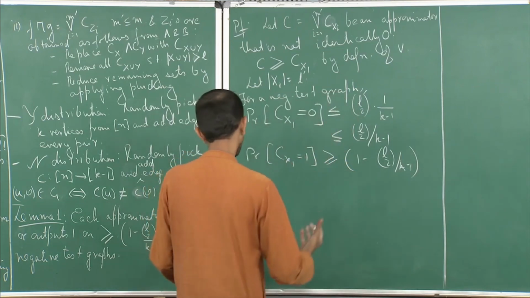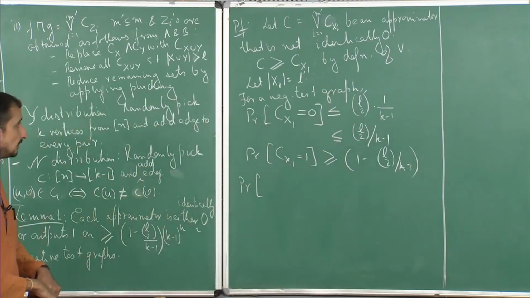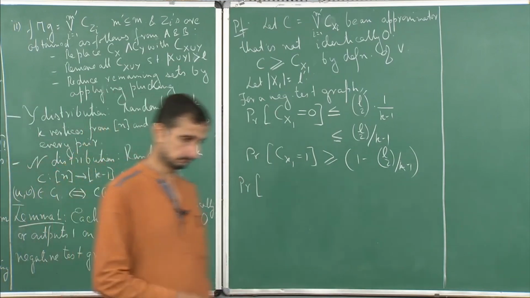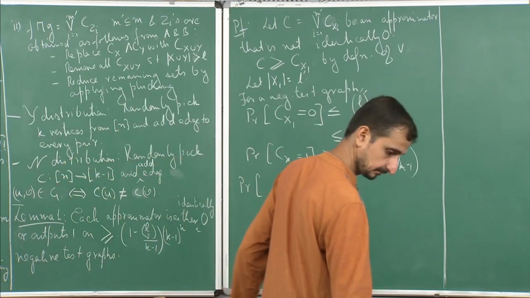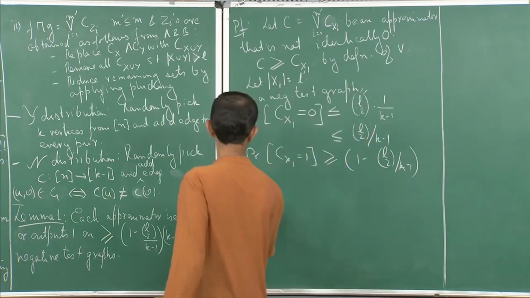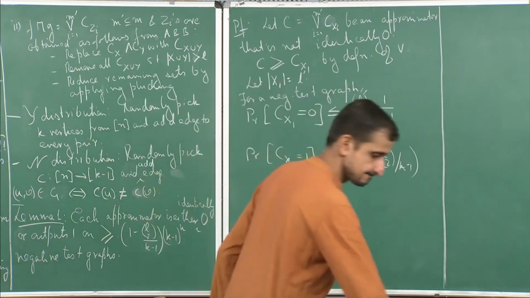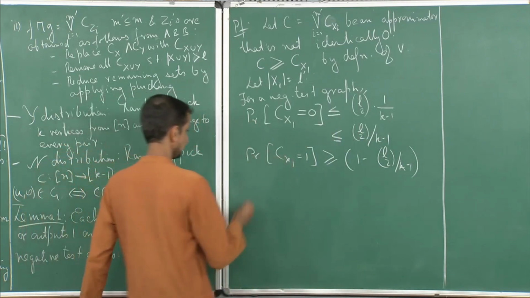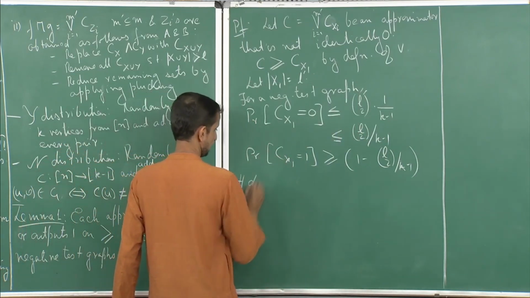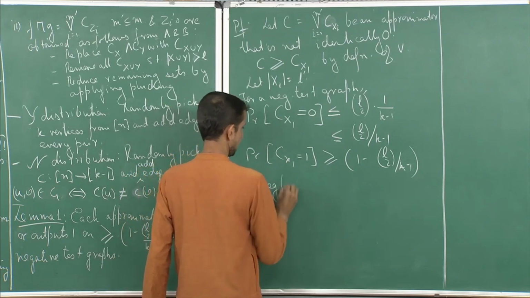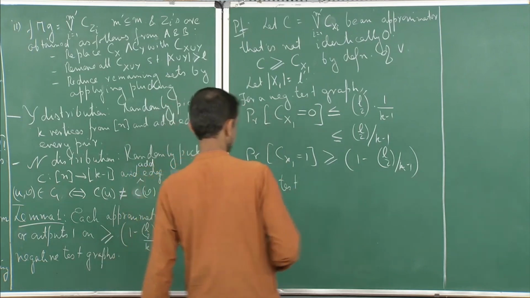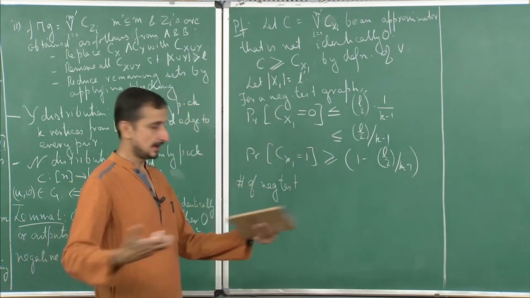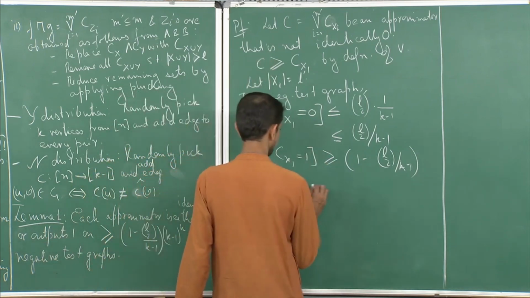This is the probability, for a negative test graph, that x1 forms a clique. If x1 forms a clique, of course then C is equal to 1 and the approximator is failing.